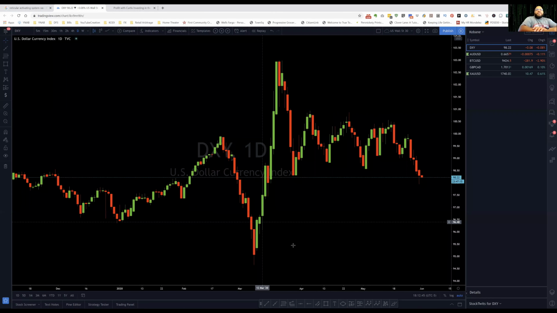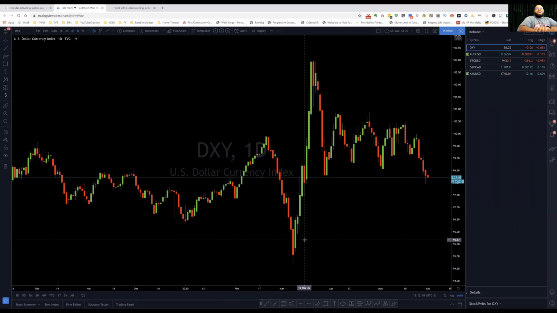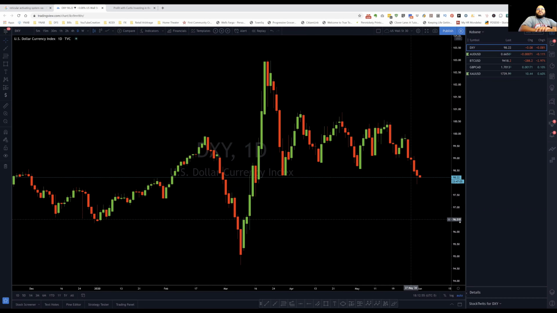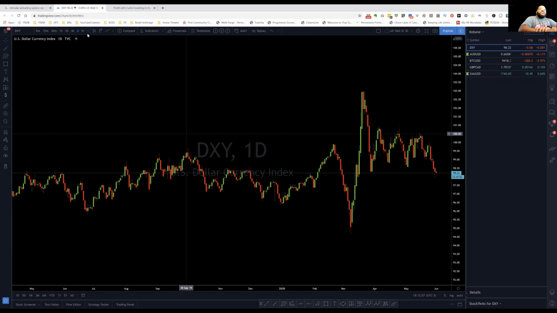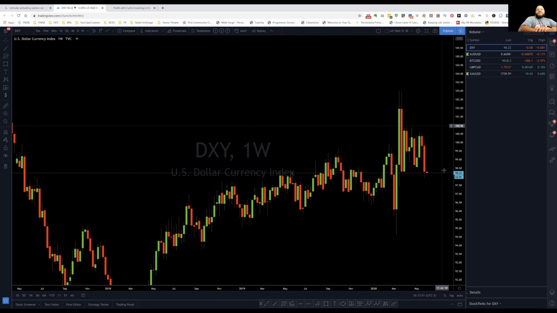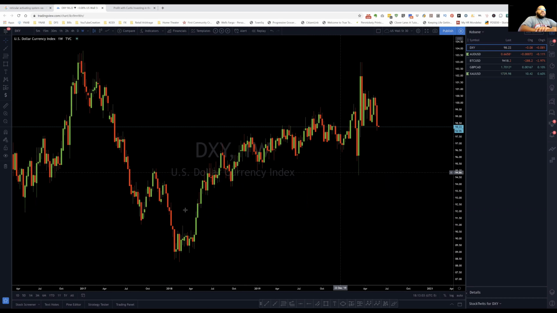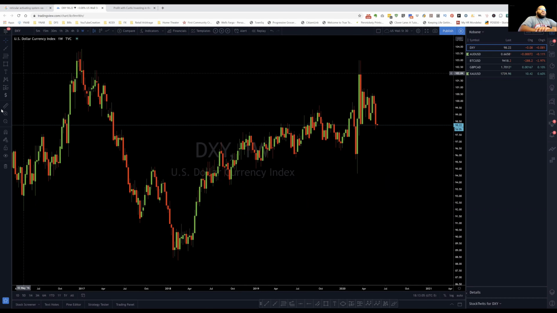So me personally, I always start off with the DXY, that's the dollar currency index. That's because a lot of the pairs that I personally trade are based off the US dollar or versus the US dollar. So I always go to the week chart first, and I look at what the overall trend is. And right now, as you can see on the week chart, we've got an uptrend going on on the US dollar.